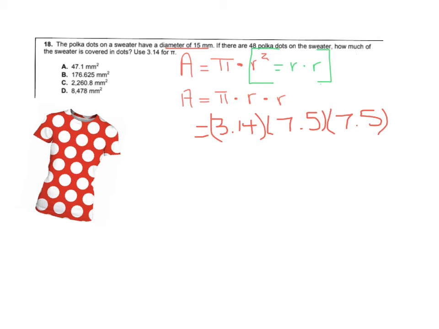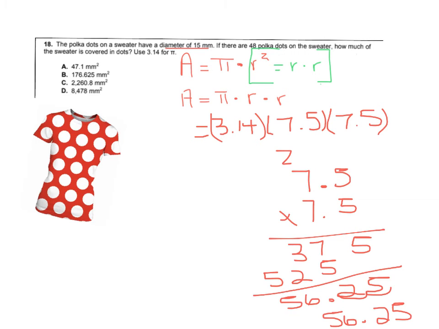So I'm going to start with the 7.5 times the 7.5. I'm just going to come over here to the side and multiply those two together, the two radiuses, and then I'll multiply it times 3.14. Okay, so as you can see in the multiplication, we now end up with radius times radius, which is 56.25.